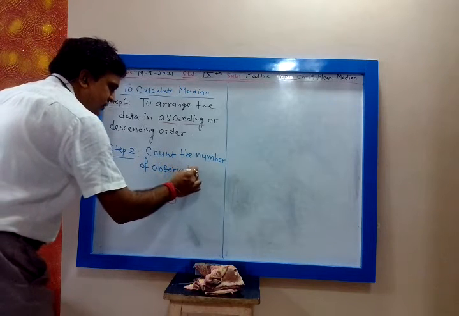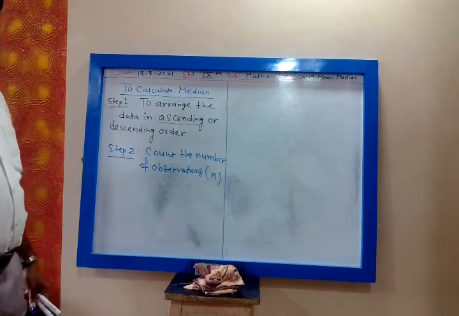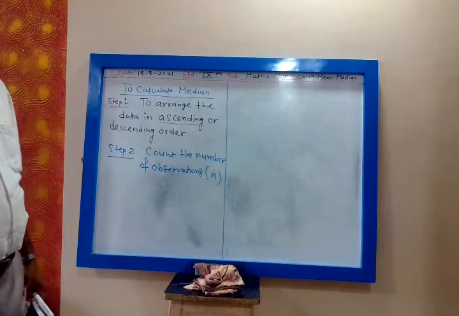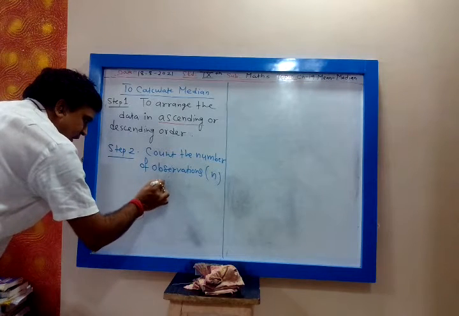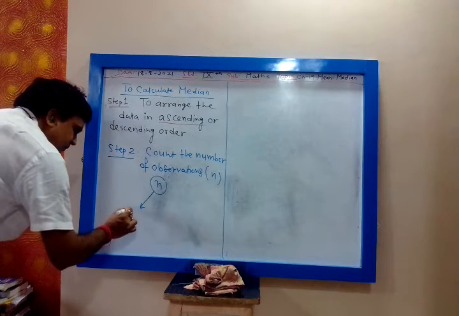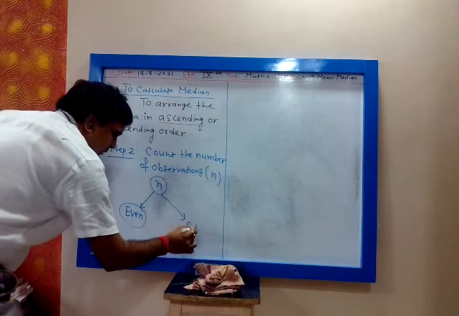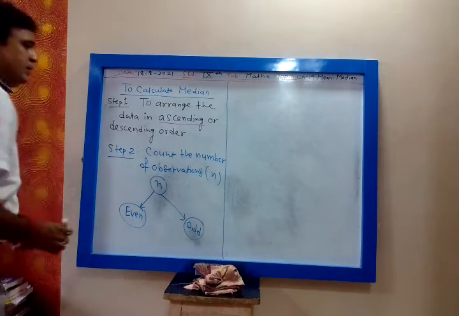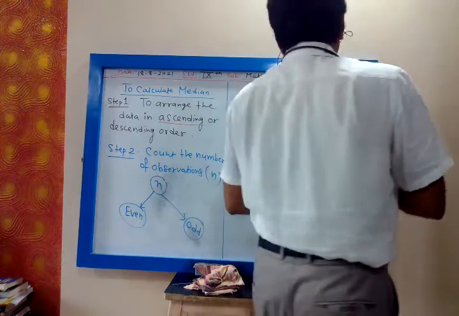Number of observations is my n. So count the number of observations. Number of observations n will be either even or odd.